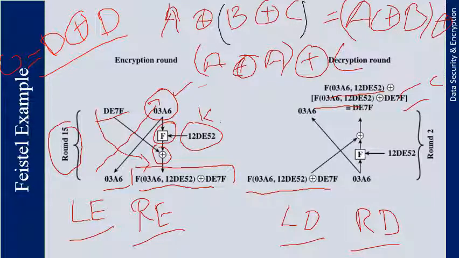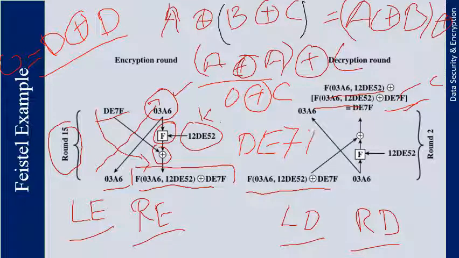So if you replace 0 here, you get 0 XOR C, and C is represented as DE7F. You get the actual output of the second value, that will be equal to DE7F, which is the input of round 15, which will be the output of round 2.